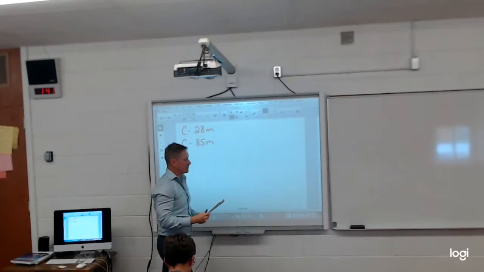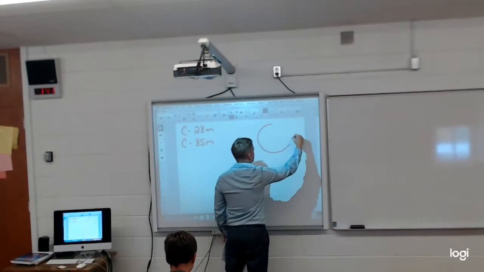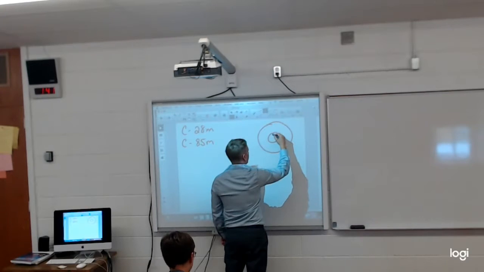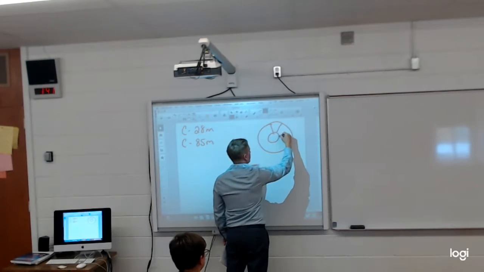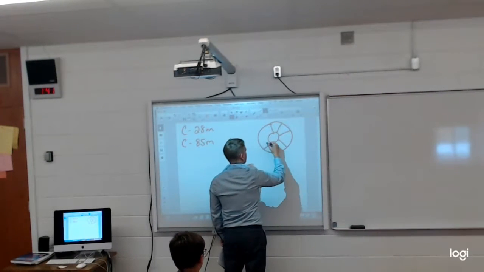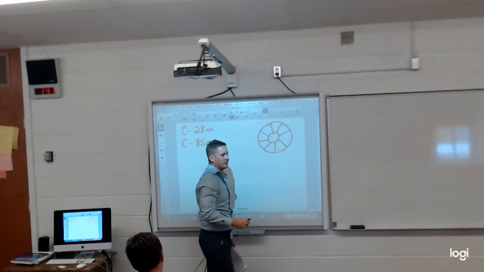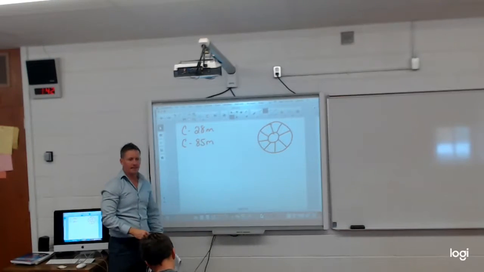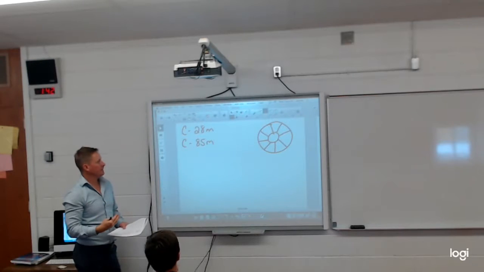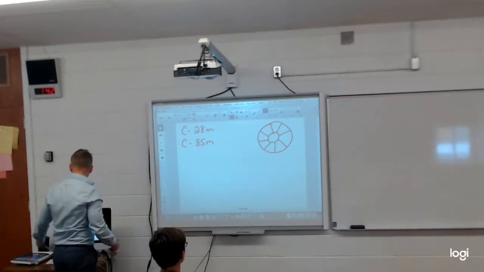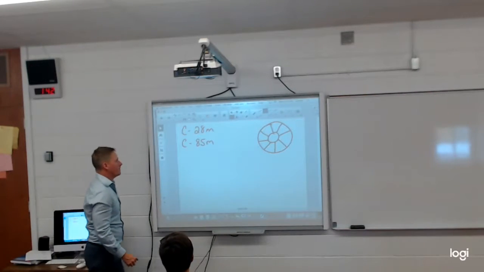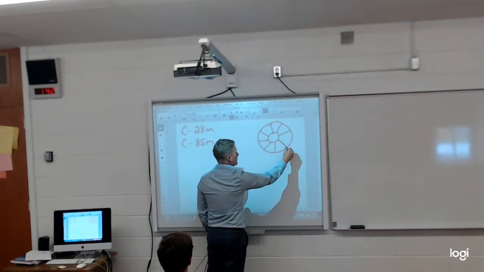If you're looking at your diagram, I have two circles, there and there. And my spokes go from here to here, right? On this wheel. Somebody help me with the question here and tell me, how do I find the length of the spoke from here to here?